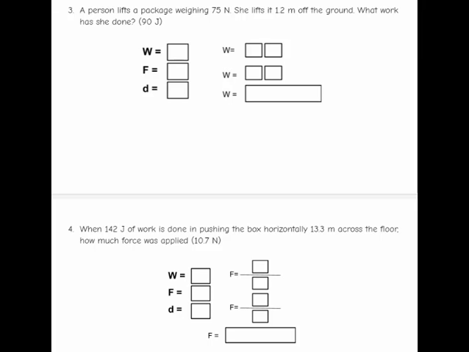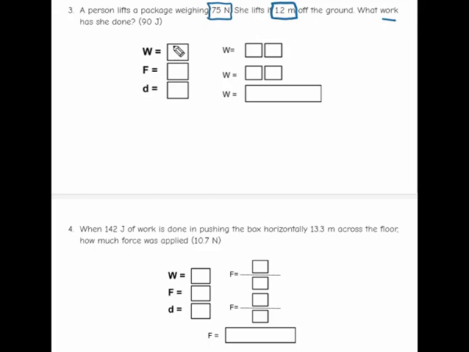We're going to skip down to number 3. Number 3 says a person lifts a package weighing 75 newtons. So remember, newtons means I have a force there. She lifts it 1.2 meters off the ground. Remember, meters means I have a distance. What work has she done?